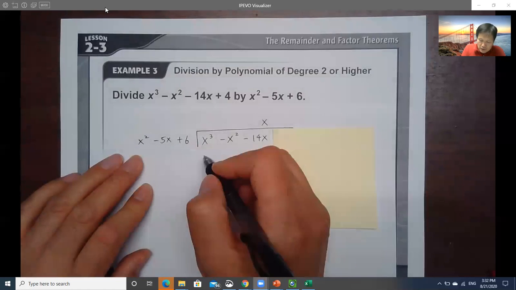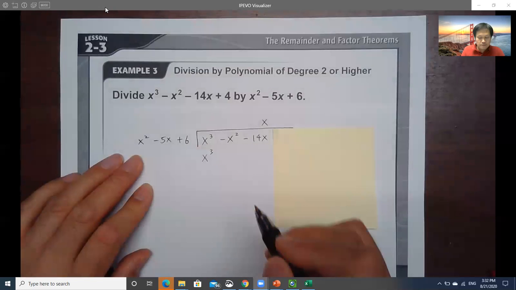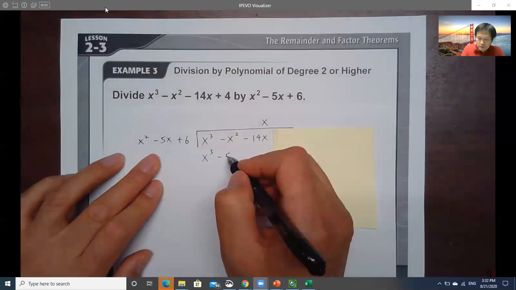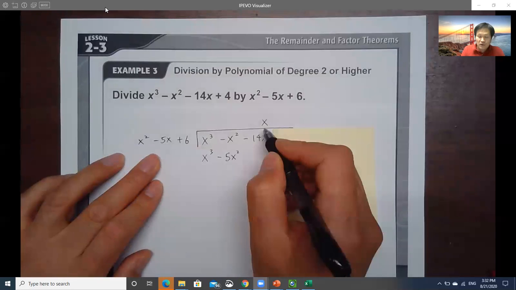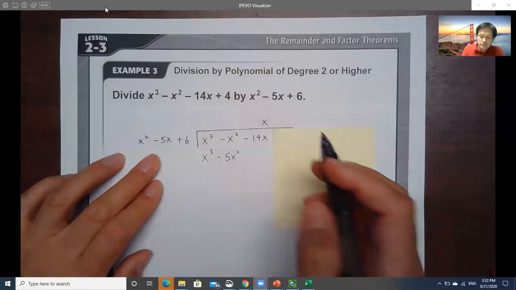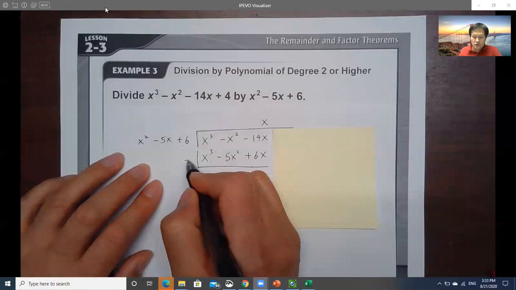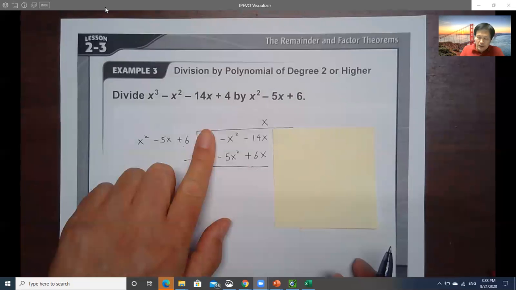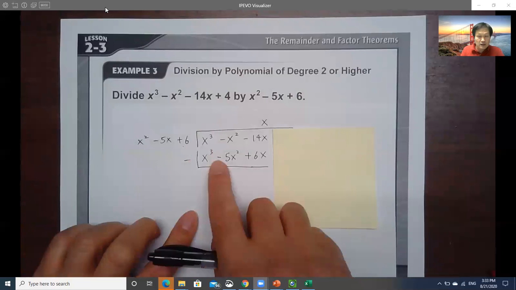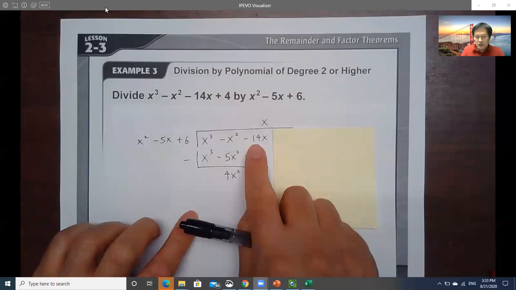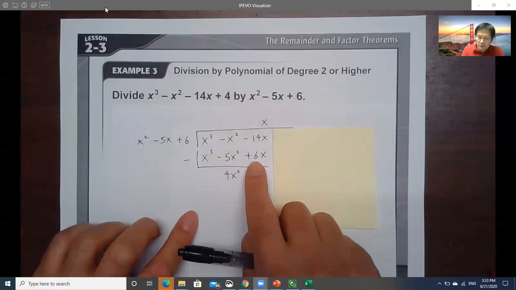X times x squared, x times minus 5x, x times plus 6, L shape, subtract, first term gone. Minus 1, minus 5, plus 5. Minus 1 plus 5 is plus 4. Minus 14 minus 6 is minus 20.